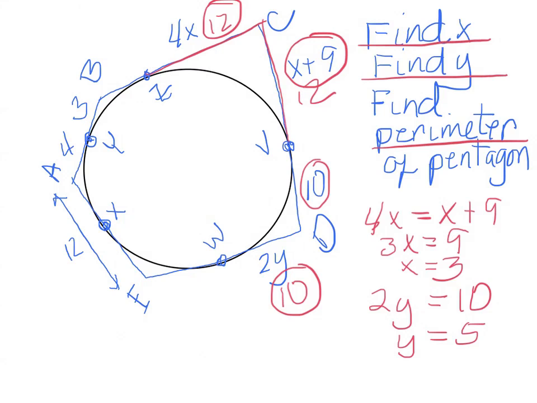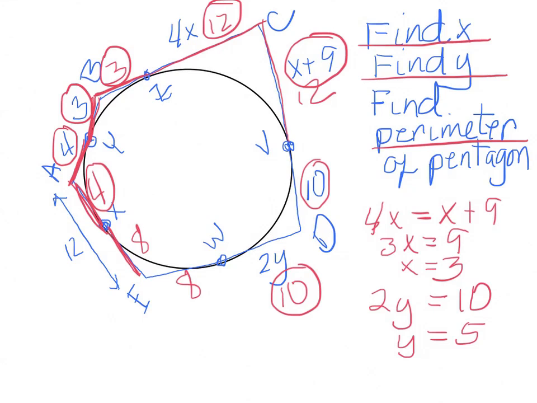And now I got to do this part over here. What I notice is this segment is 3, so this is a tangent from the same point, so it has to be equal. So I need that 3 and this 3 in my perimeter. And then this segment is 4 right here, so this one must also be 4. But the whole thing's 12, so that means this one must be 8, and therefore this is 8.